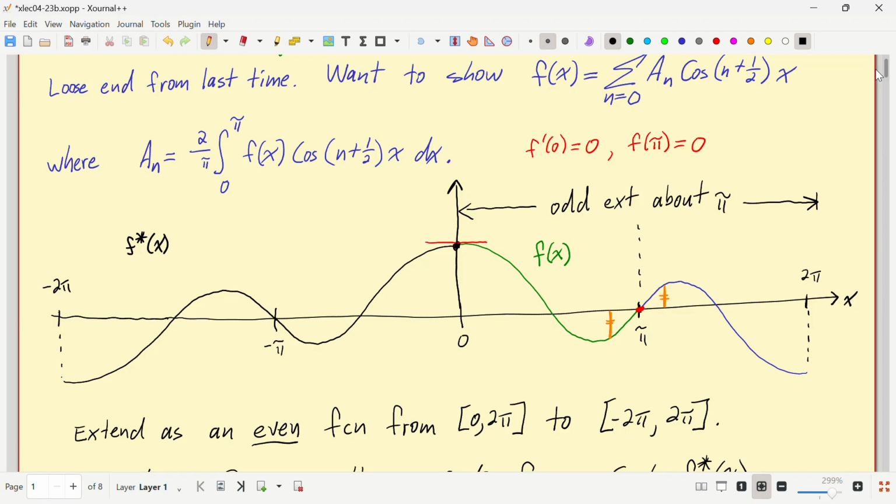And the same thing happens at, say, pi. The odd extension would have the same slope, and they'd hook up there, and it would be C1 smooth at that spot where I extended it. So if f is C1 smooth, my extension is going to be C1 smooth, and I'll get fantastic convergence even at the endpoints. So nothing weird is going to happen at the endpoints.